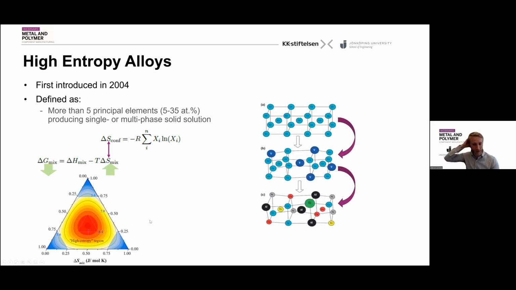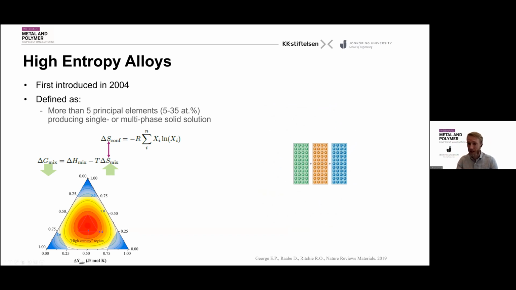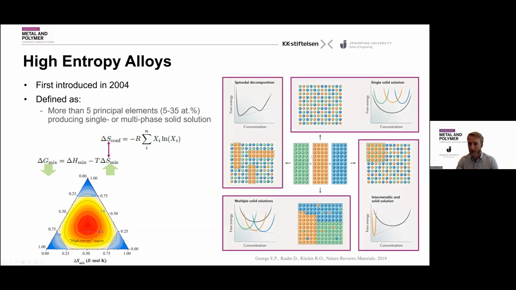This can give us some very interesting properties by mixing a huge range of atoms with different sizes and electron configurations. We put a lot more strains and stresses on the lattice. We can also mix these atoms in different configurations, with complete random ordering, or with multiple phases with some form of short range or long range ordering.